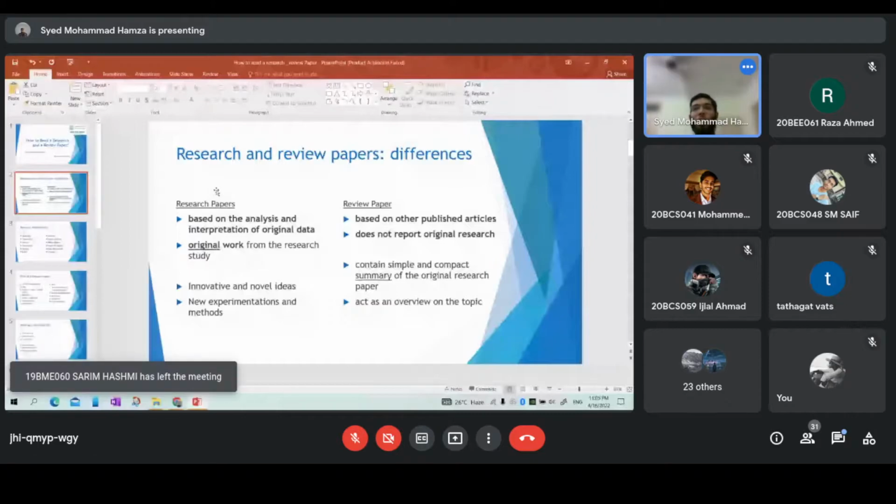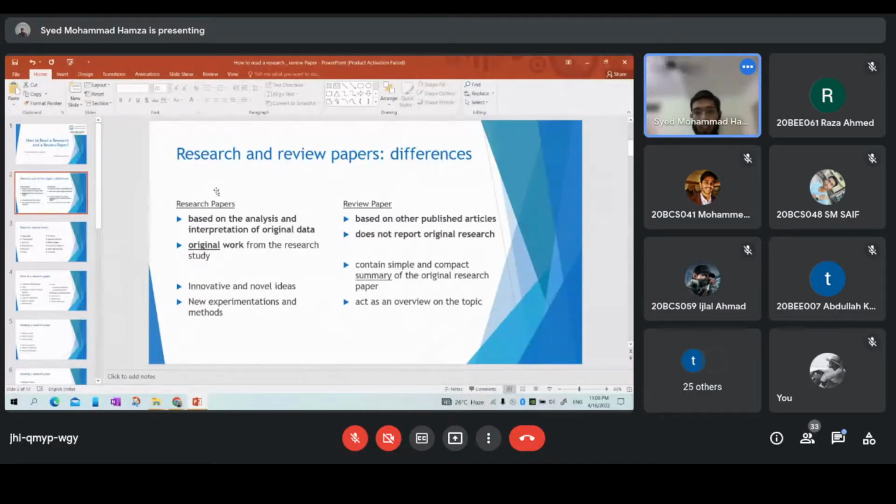So there may be 100 or 120 research papers, and you have a summary of all of them in one review paper. So it acts as an overview of the topic. For example, printed electronics, computer vision, or machine learning as a topic. It acts as an overview of the whole topic, where hundreds and hundreds of papers of an area have been reviewed and then written.